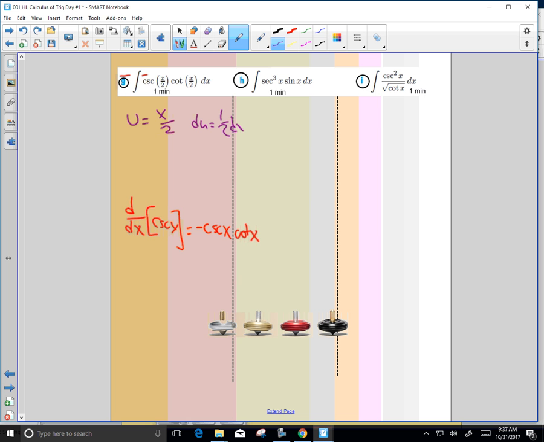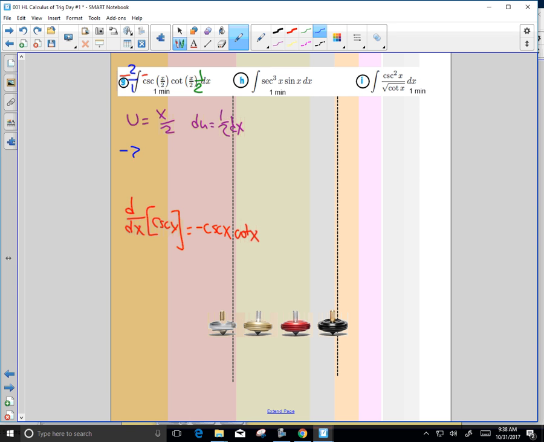1/2 dx. So if I do this, 2 over 2, kind of interesting. What do we need to pull in next to the dx? The blue or the green one? The green one, because we need the 1/2. So this is going to be 1/2, and this is going to be 1.